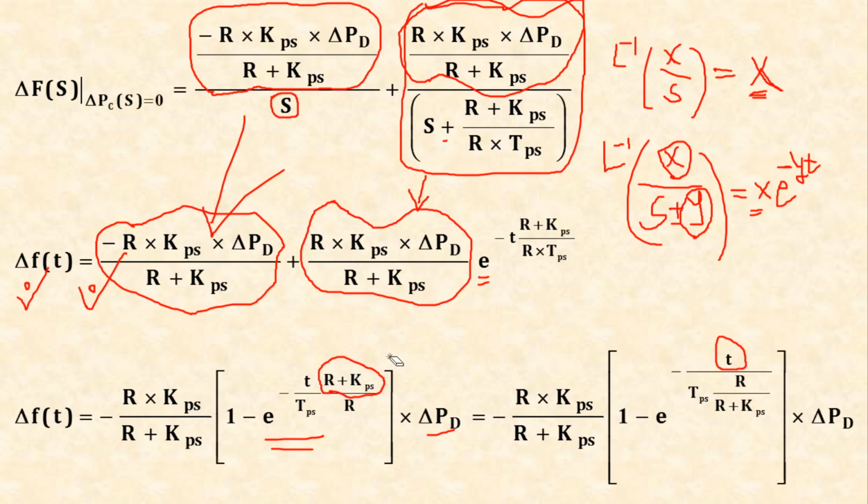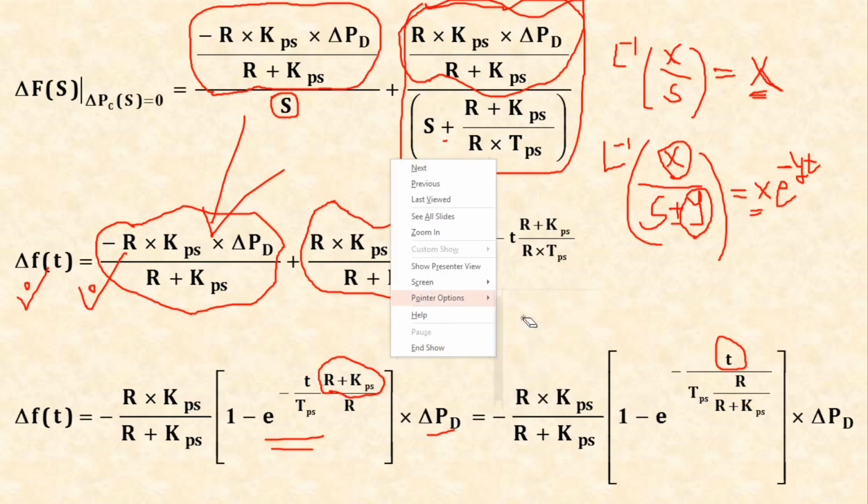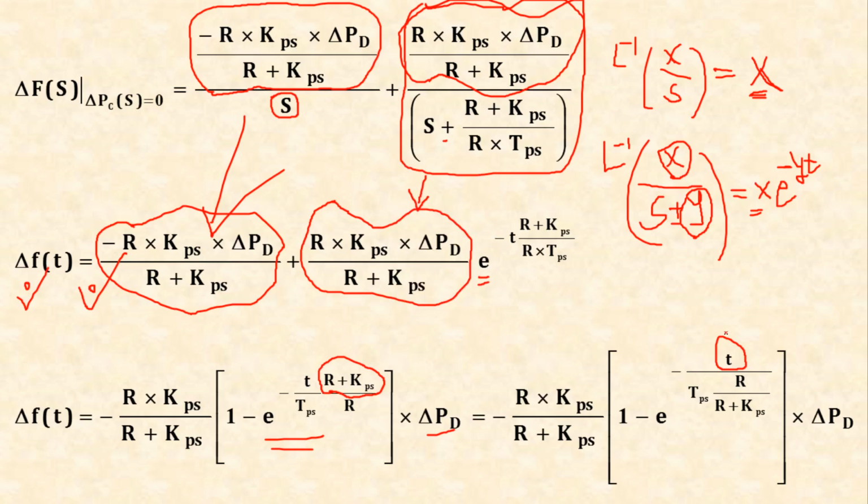I want t only in numerator. So, this r plus kps I will write in denominator of r. So, it will look like r upon r plus kps. So, this is our final answer of delta f of t that we have derived to find out the dynamic response.